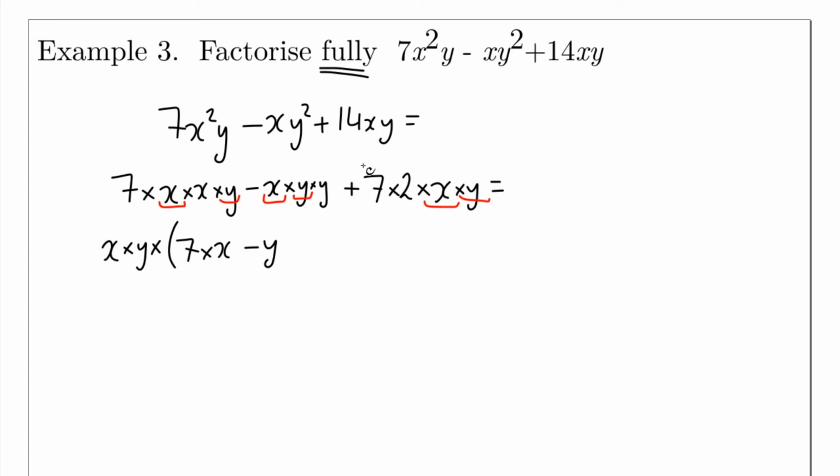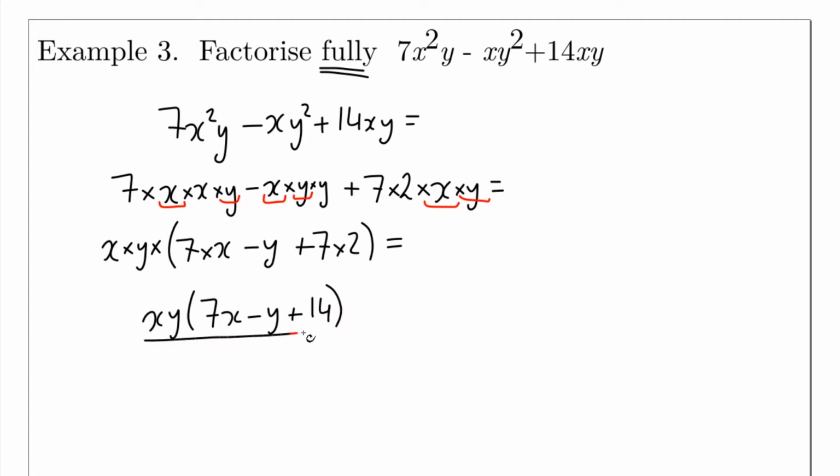Finally, the third term, 7 times 2 times x times y, but this x and this y have been moved to the outside of the bracket, so we're left with 7 times 2. And last step, simplify, so get rid of the multiply signs where we don't need them. We have xy, open bracket, 7x minus y plus 14. So the answer is xy(7x minus y plus 14).